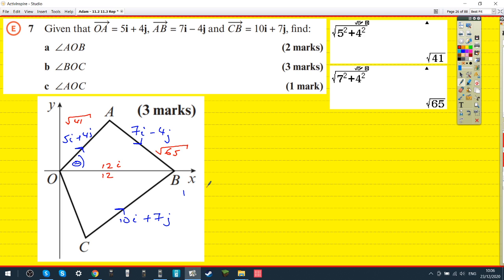Could you use TOA? No, not a right angle triangle. Oh, so would it be tan then? Inverse tan. No, not a right angle triangle. So how do you find the size of an angle in a scalene triangle when you know the three sides?